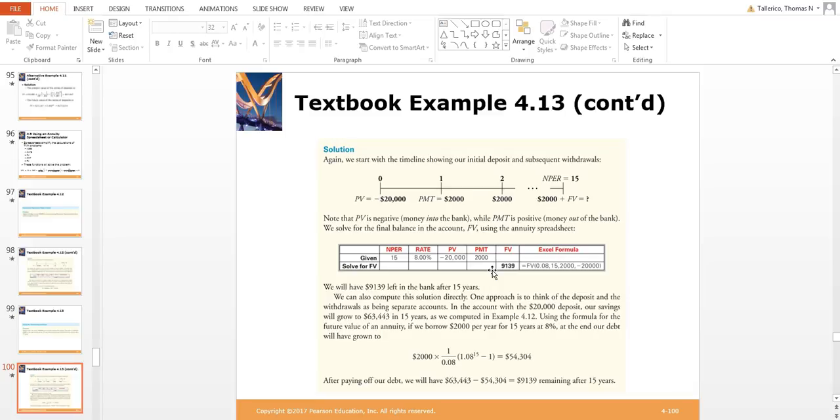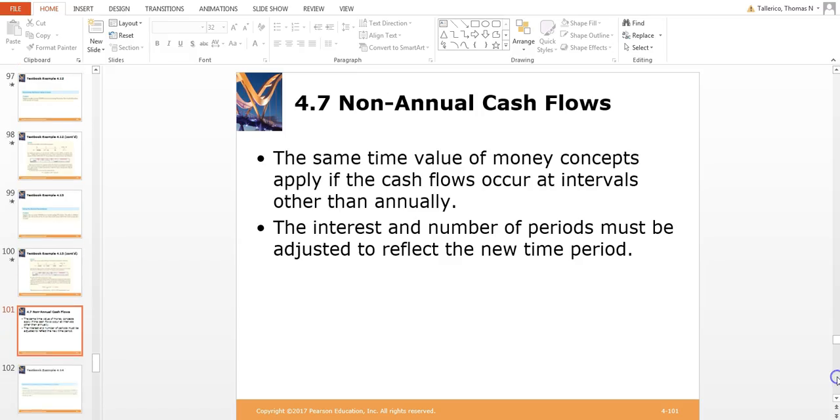So this is what's left here. So you see it says we will have $9,139 left in the bank after 15 years. So there's other ways of doing that too. Anyway, you review that, and if there's any questions, just let me know.